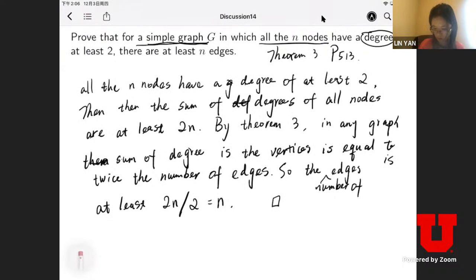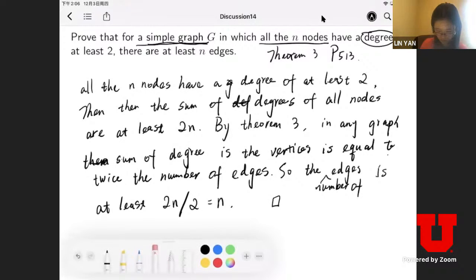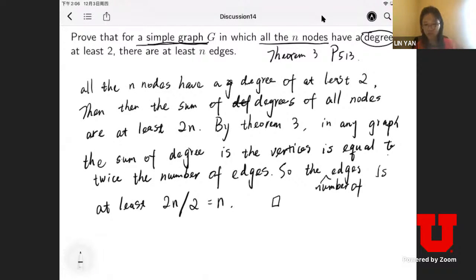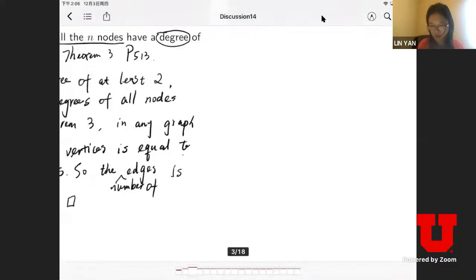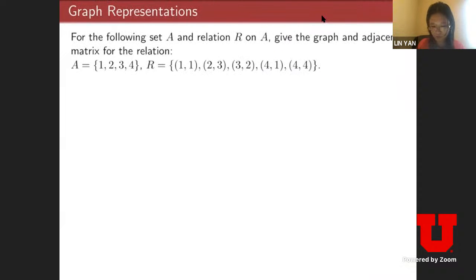Any questions so far? Okay, the main idea of this question is to use theorem 3 on page 513. Then let's go to the next problem.